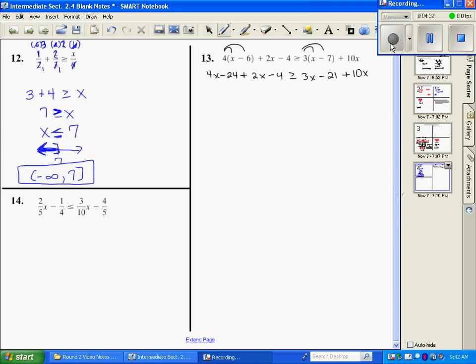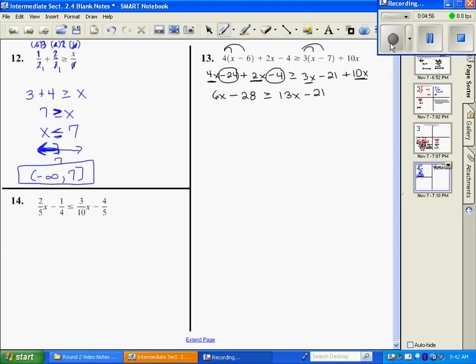Okay, we want to look to the left of our inequality and simplify all like terms possible. So I want to add like terms there, and I have a 6x. I want to add like terms there, and I have minus 28. On my right hand side of the inequality, I want to add like terms here and have 13x minus 21.